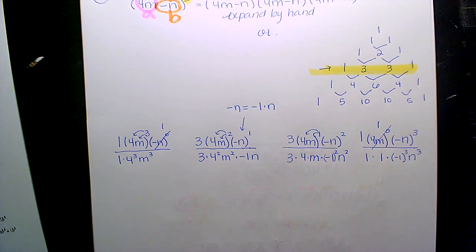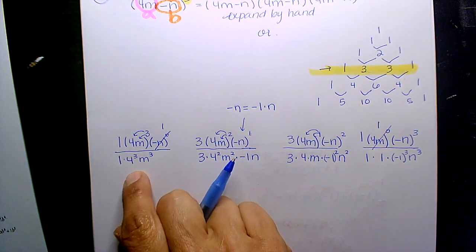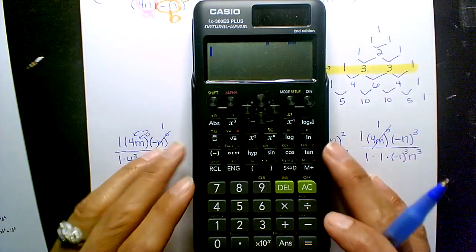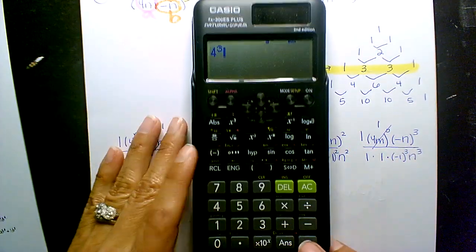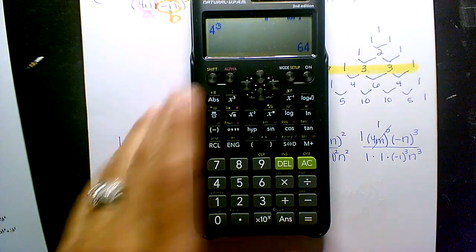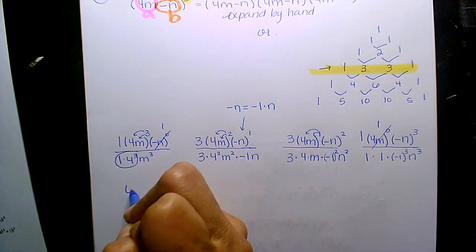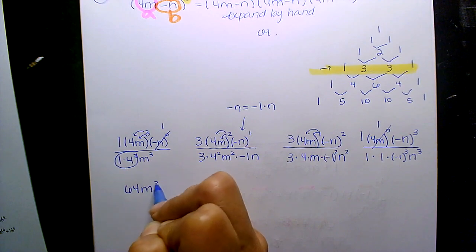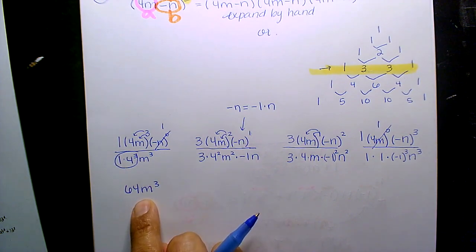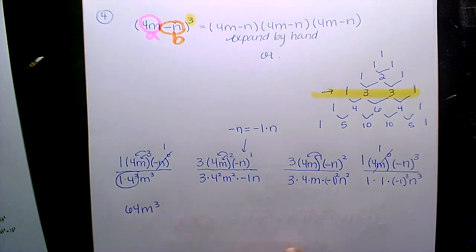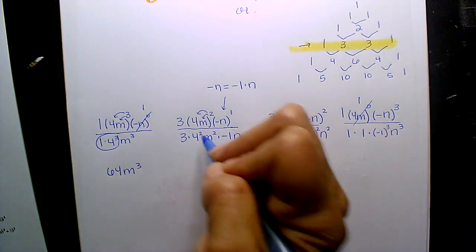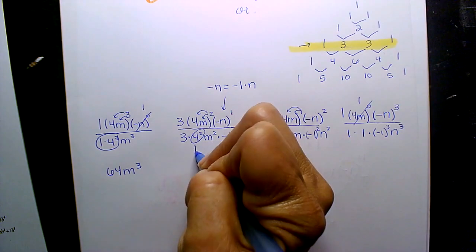Keep going? Yeah. Okay, so what's 4 cubed? 4 times 4 times 4 is 64, right? 4 cubed is 64. So 1 times 4 cubed is 64m cubed. So there's my first term cleaned up perfectly. Okay, so now 4 squared is 16.